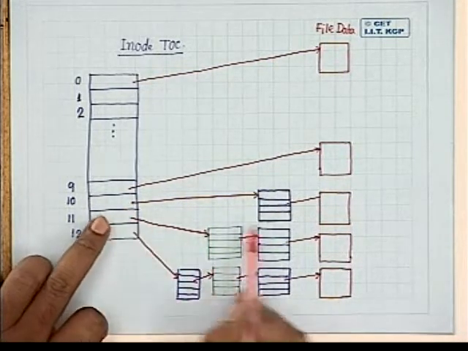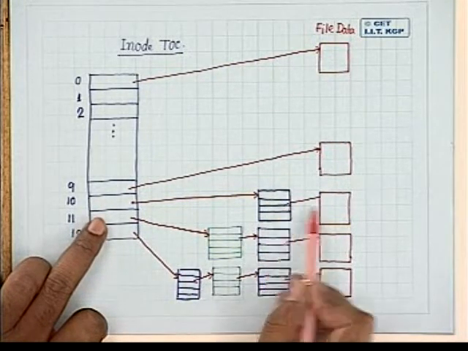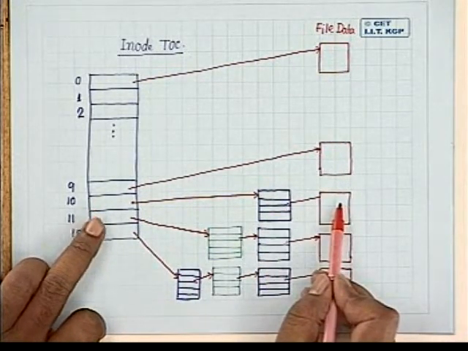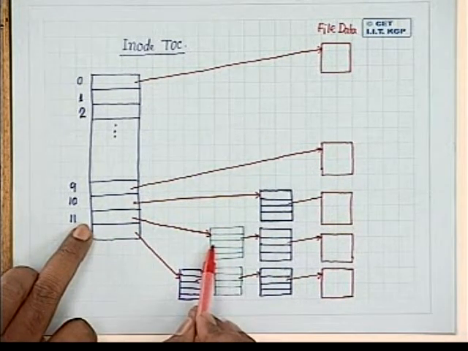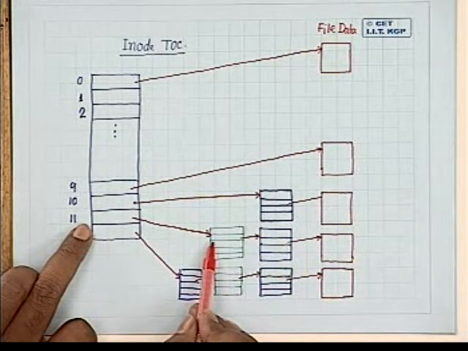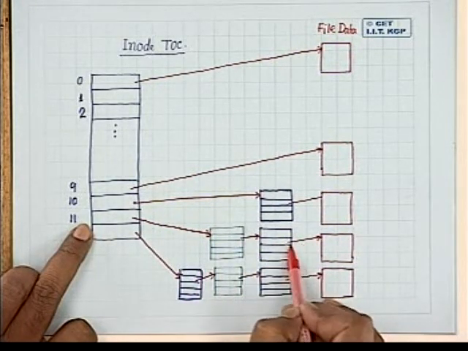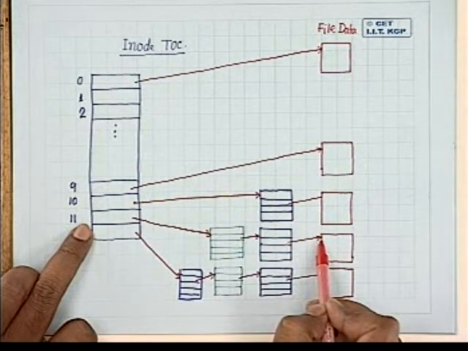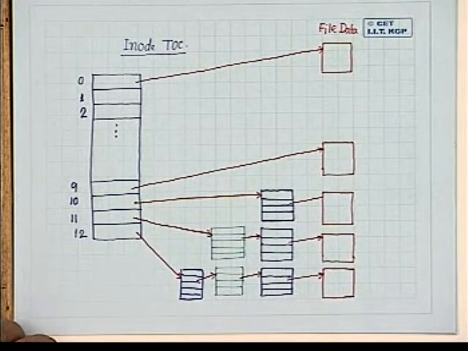So this entry points to a block which in turn contains a set of pointers. Each of them points to a block that contains the file data. This is a single indirect pointer. For double indirect, this points to a block containing the set of pointers. Each pointer points to another block that contains a set of pointers. Each of these pointers point to file data. And similarly for triple indirect pointer.